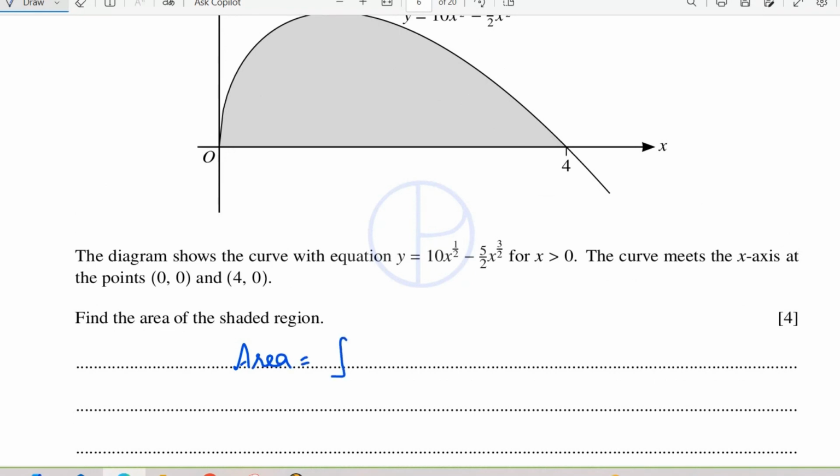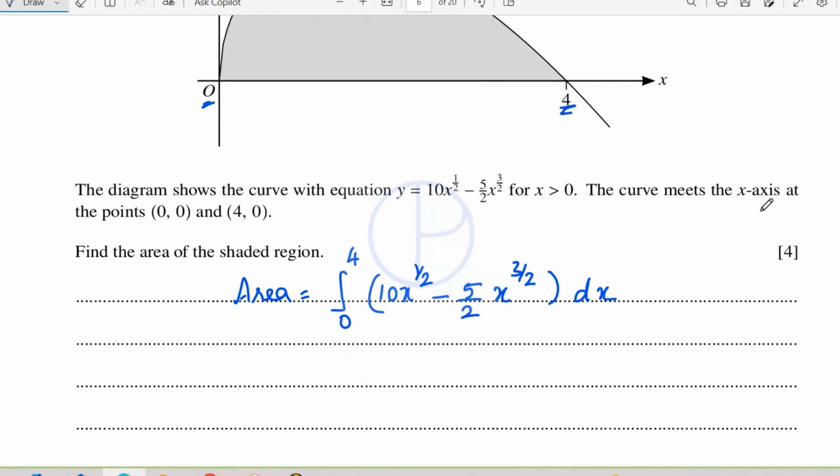So the limit here is from 0 to 4. The y value is 10x power 1 over 2 minus 5 over 2 multiplied by x power 3 over 2 multiplied by dx.